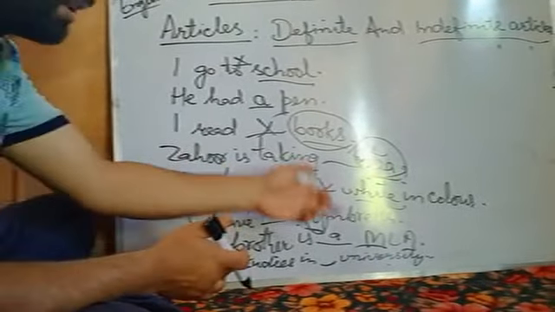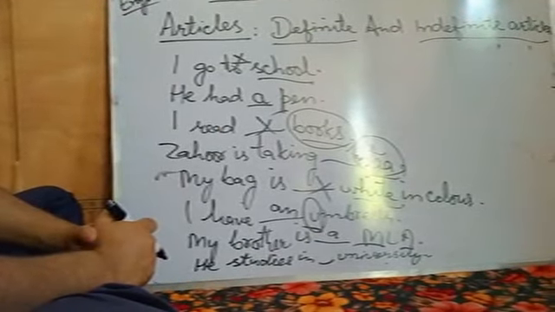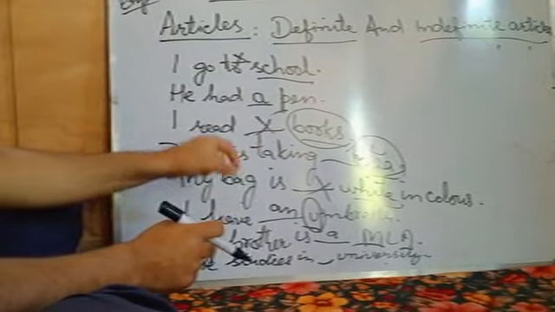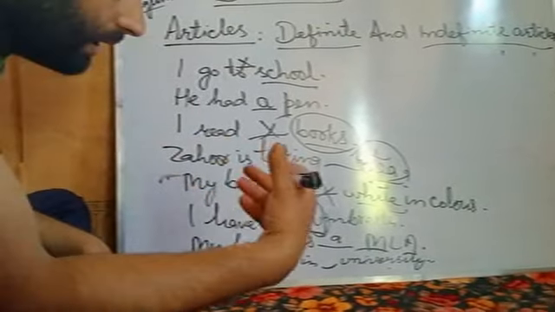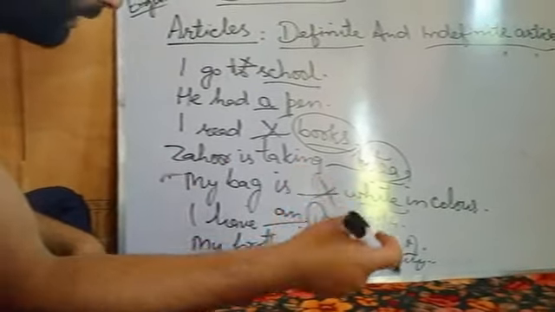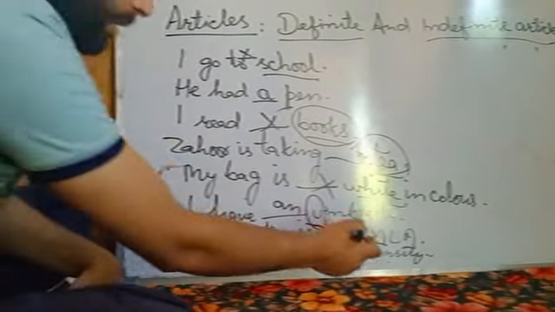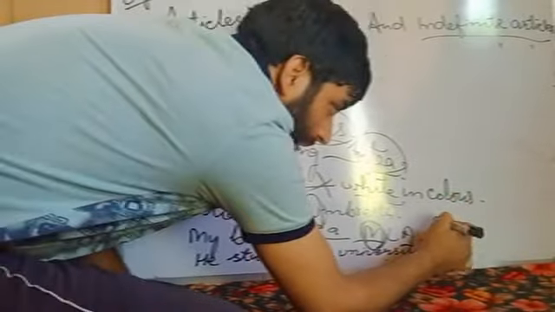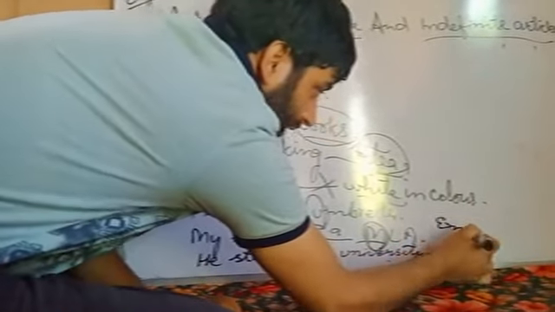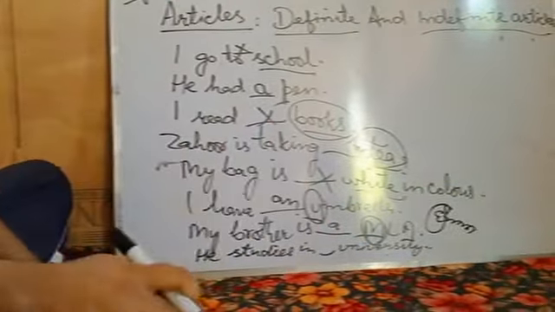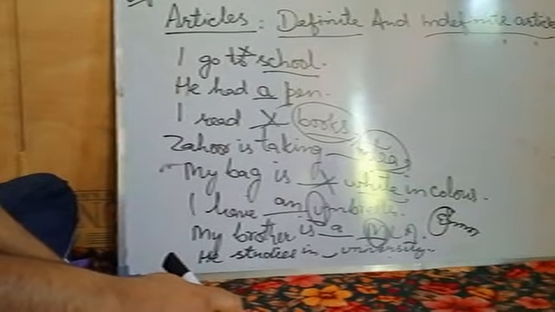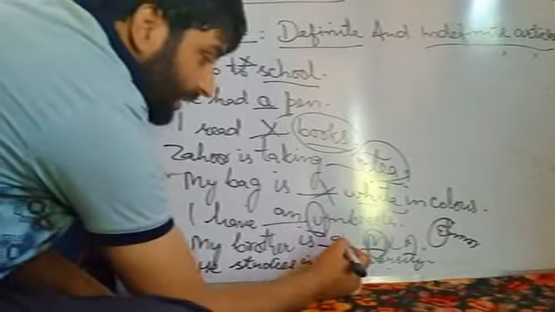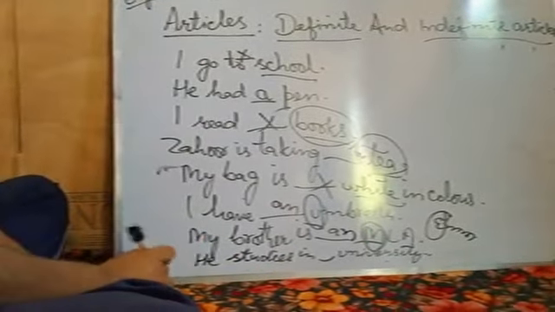We can use a when it gives the sound of a consonant, but M gives the sound of a vowel. Full form of M is E M. So it gives the sound of a vowel. So it is: my brother is an MLA.